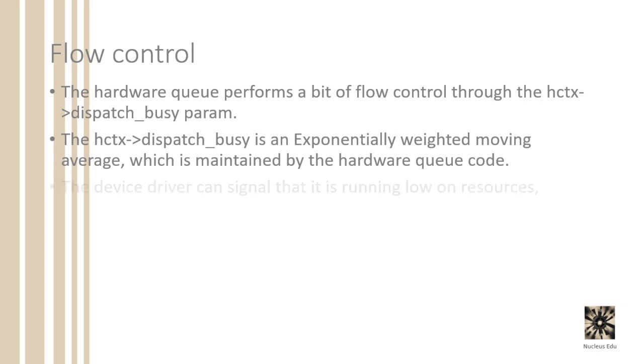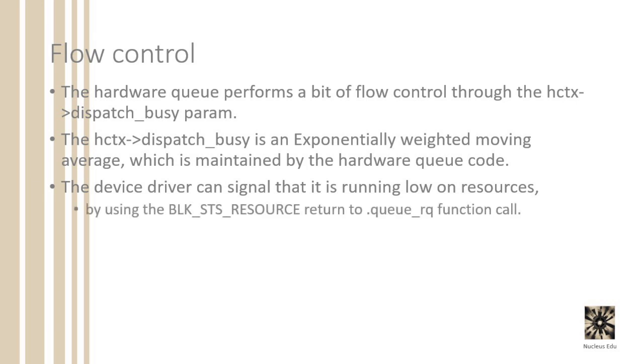So the device driver below can, for example, signal back to the MQ layer that it is running low on resources and cannot process any more requests. It can signal this back to the MQ layer by sending back the BLK_STS_RESOURCE flag to the .queue_rq function that gets called.